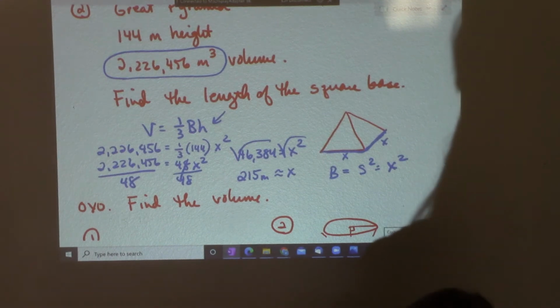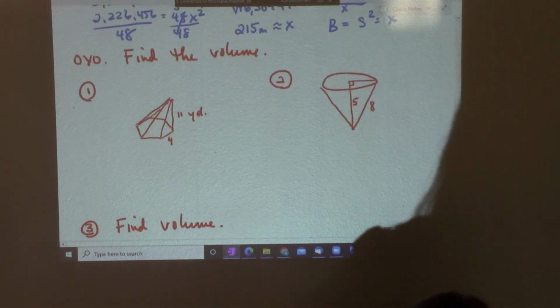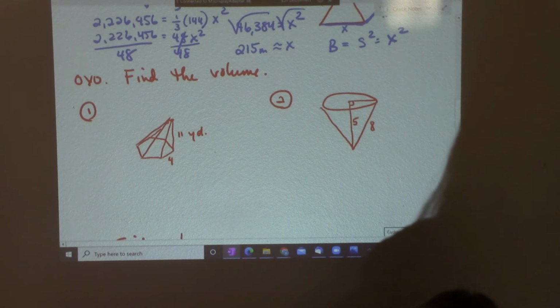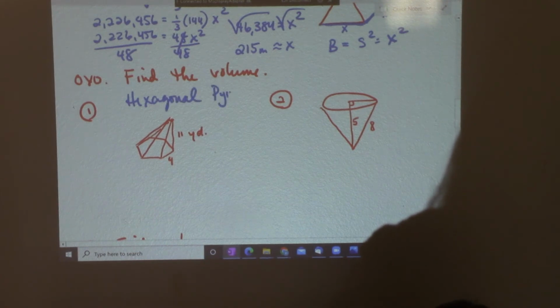Okay? All right, I want you to try some on your own. So why don't you go ahead and draw this picture. We have a hexagonal pyramid. Okay, and so that means this length is 4 and the height going up is 11. So you're going to have to figure this out. Do you remember this from chapter 11?